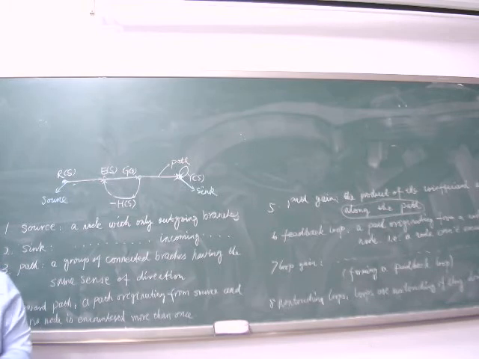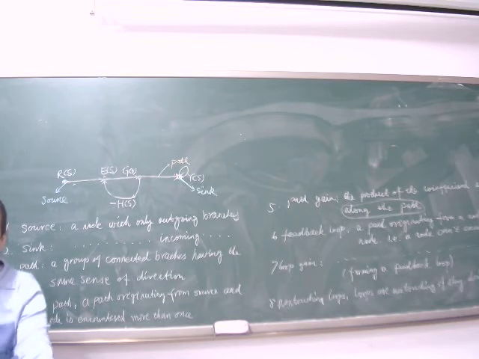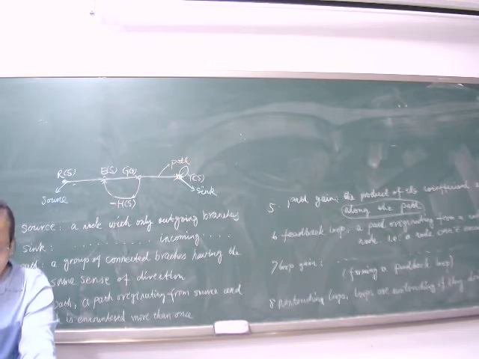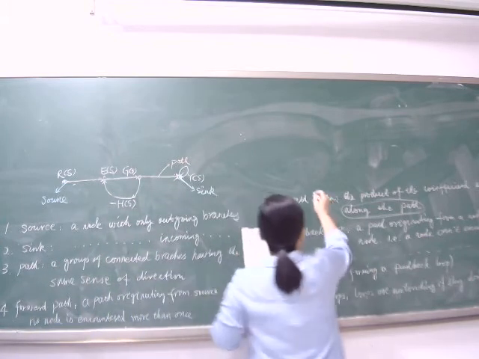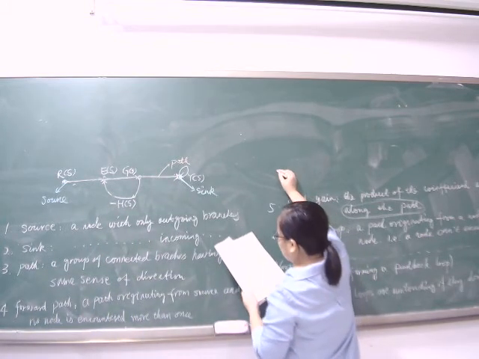Now here I give you an example. You should tell me what is the path gain, forward path, feedback loop gain, and the non-touching loops. Here there is a figure.